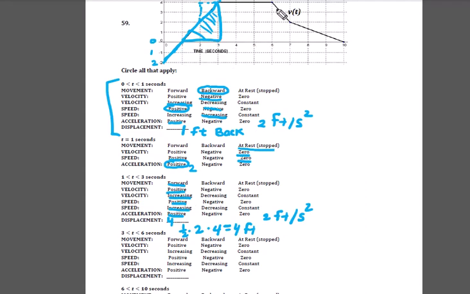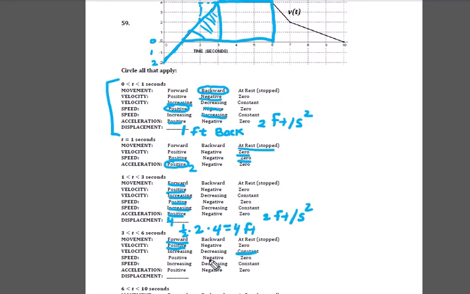3 to 6. So this right here. So this is the graph that velocity is always 4. So we could say we are still moving forward because the velocity is always positive 4. The velocity is not changing, so it's a constant 4.